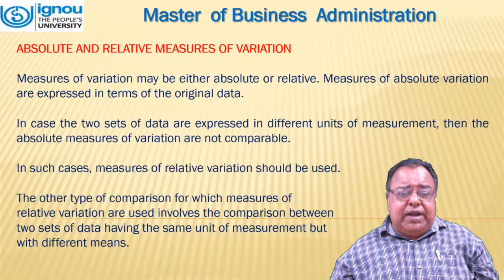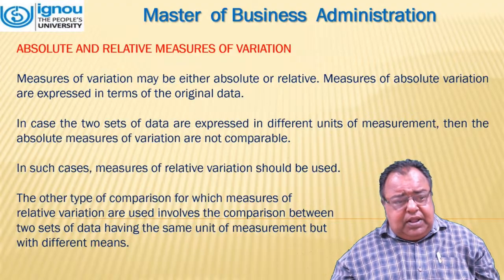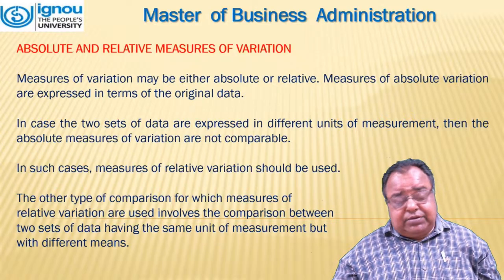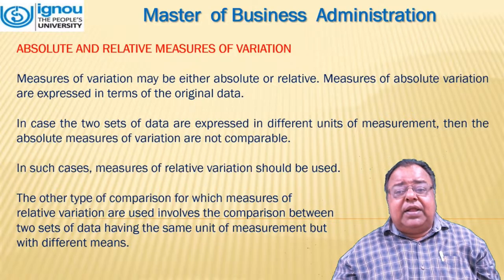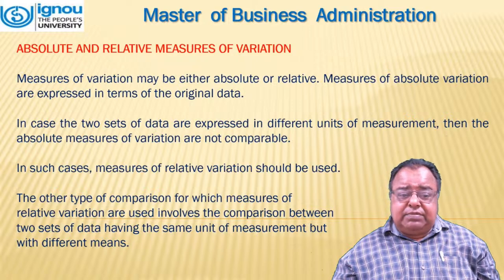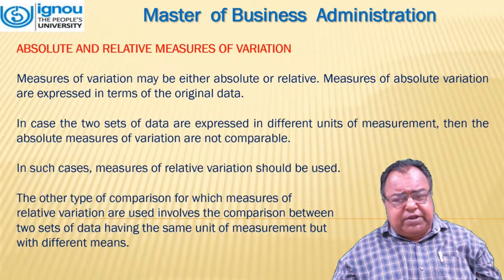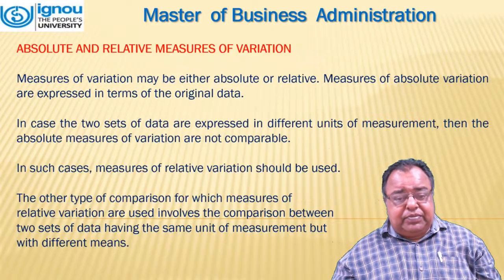What are absolute and relative measures of variation? Measures of variation may be either absolute or relative. Measures of absolute variation are expressed in terms of the units of variability. In case two or more sets of data are expressed in different units of measurement, the absolute measures of variation cannot be compared.